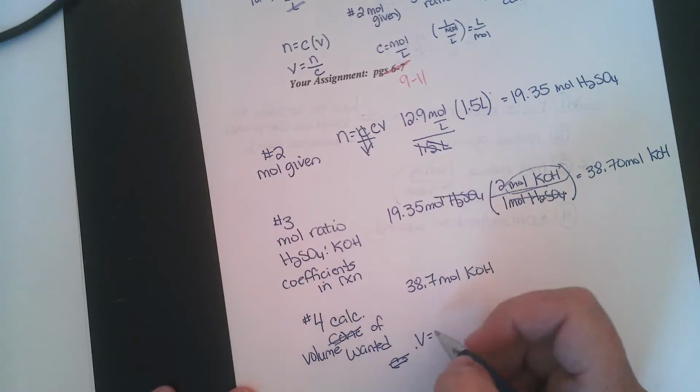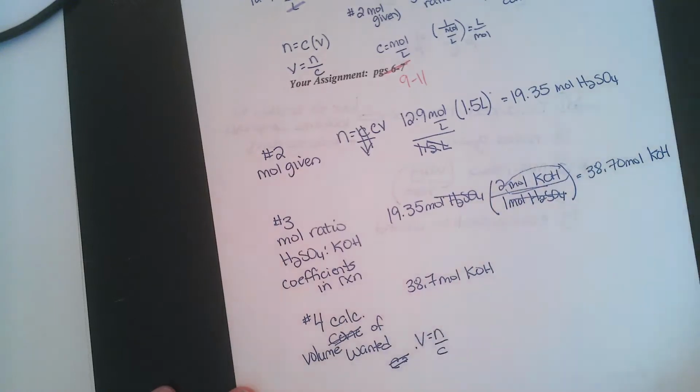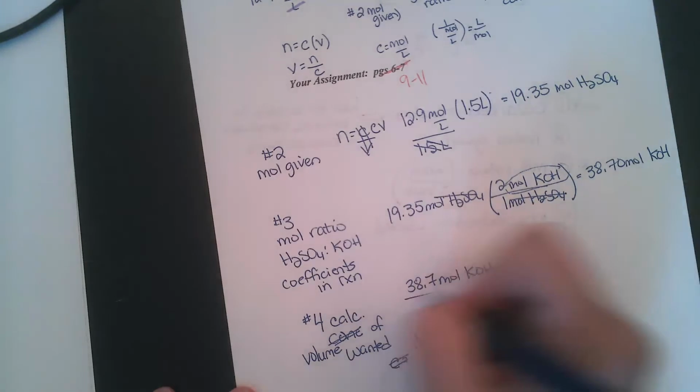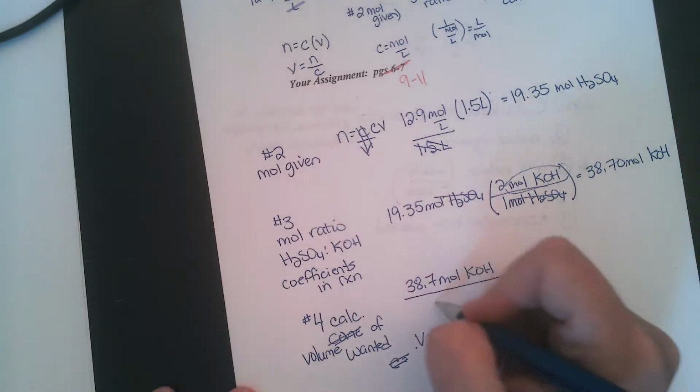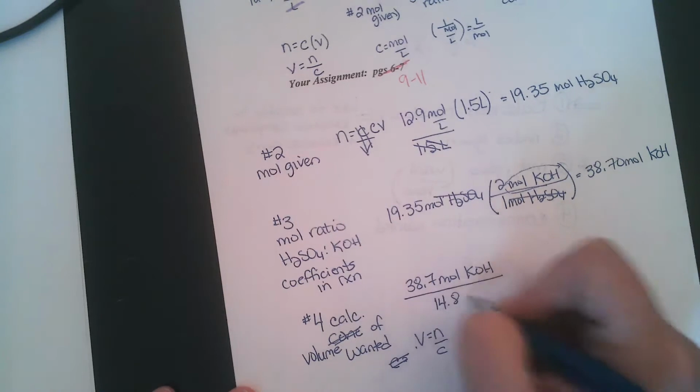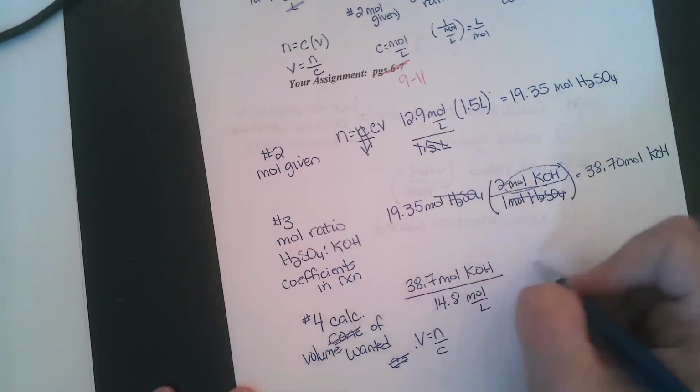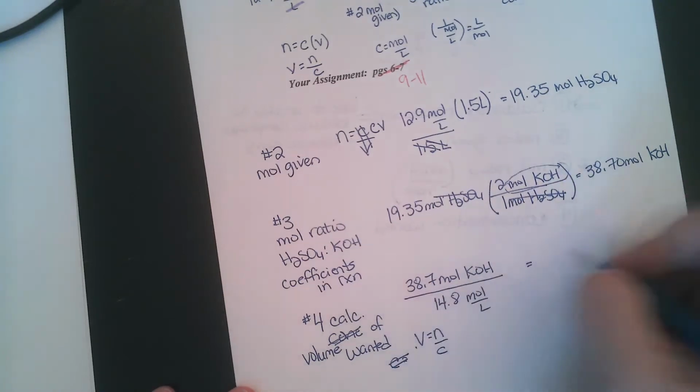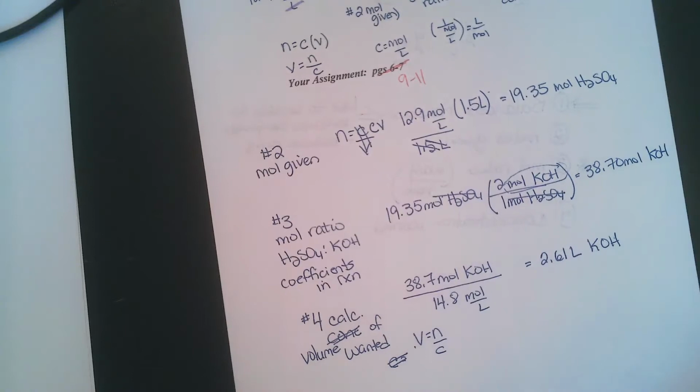So volume is going to be equal to N over C. I'm going to divide this by the concentration of KOH, which is 14.8 moles per liter. And I see that I'm going to get a value of 2.61 liters of KOH.